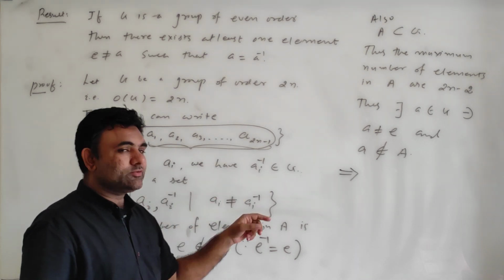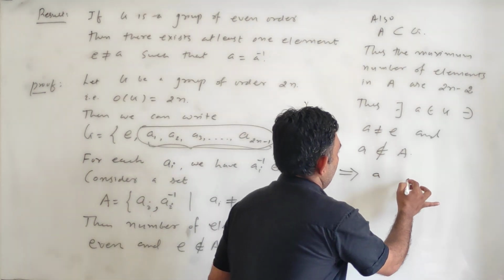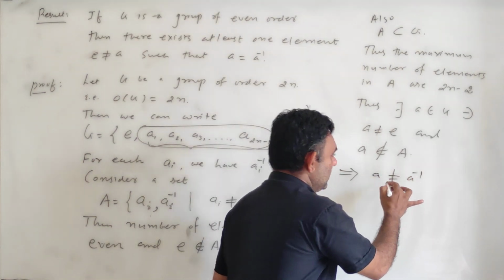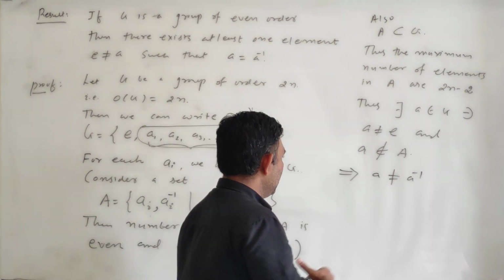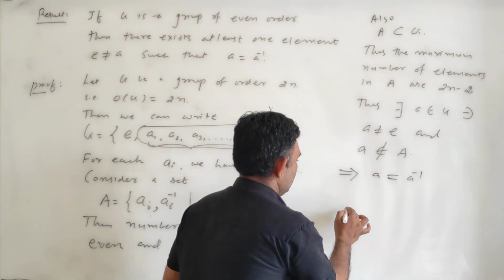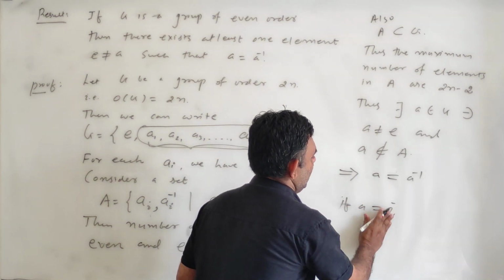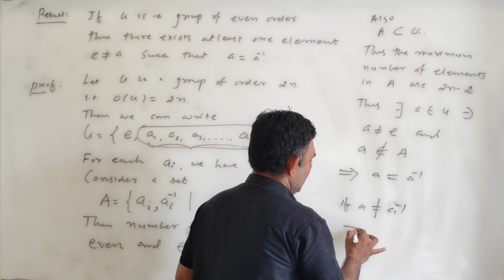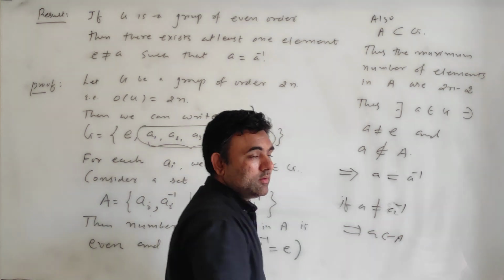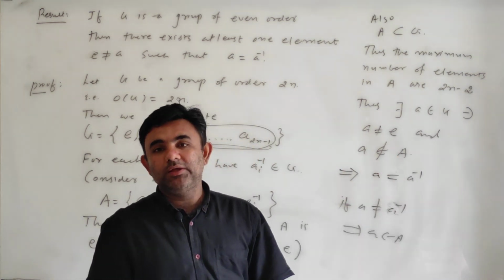Because its inverse will not be different. This implies a and a inverse will be equal. Sorry, it must be equal. Suppose a and a inverse are different, then a must be in A. But a is not in A, it means what? a and a inverse must be equal.